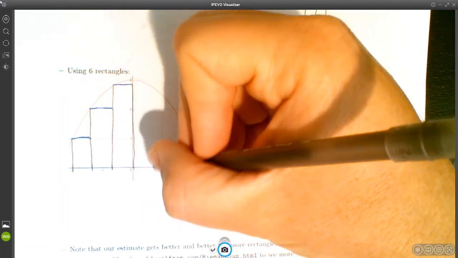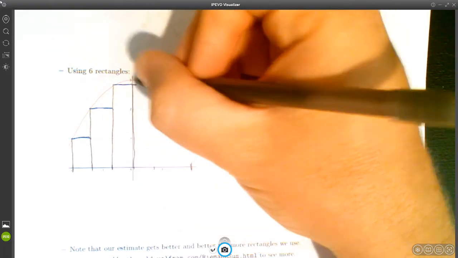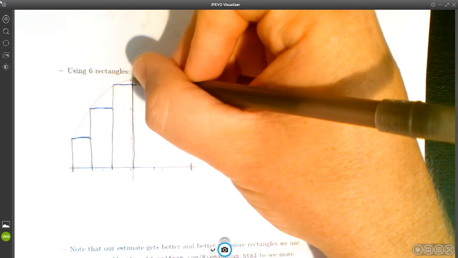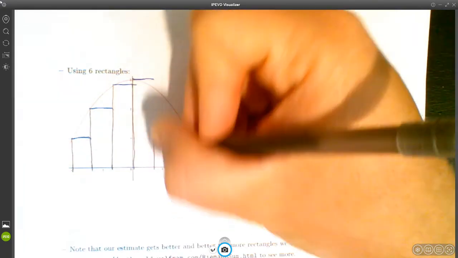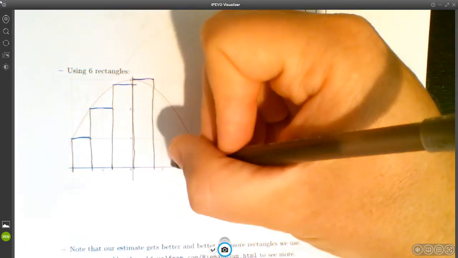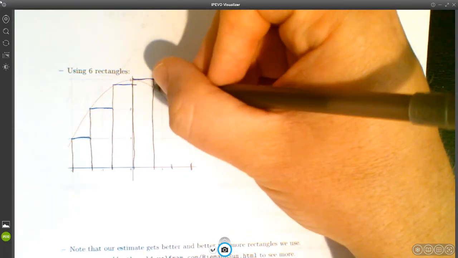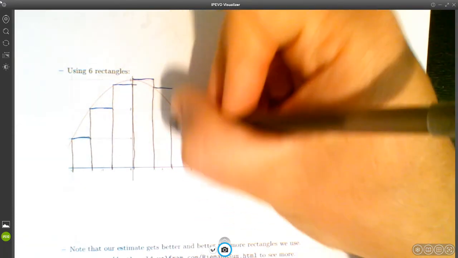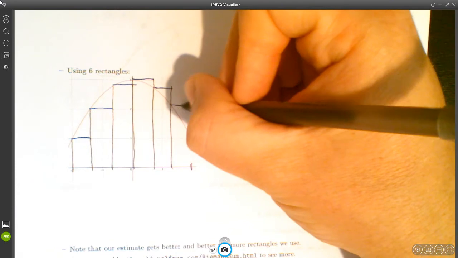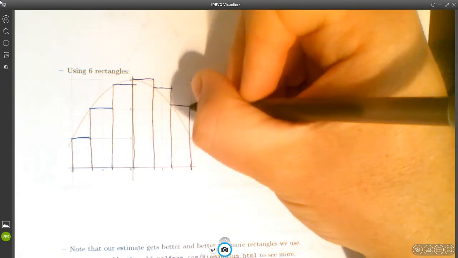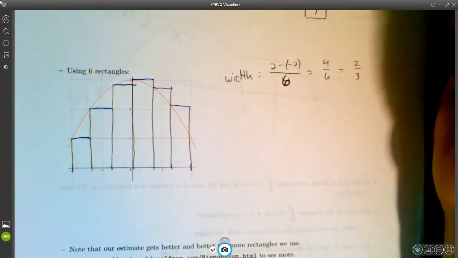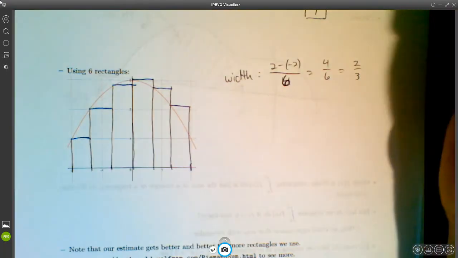Then another 2/3 would put me right about there. Oh, but I need to come up to 0. Another 2/3, and then another 2/3 would bring me all the way there. Okay, so this is what the approximating rectangles are going to look like.